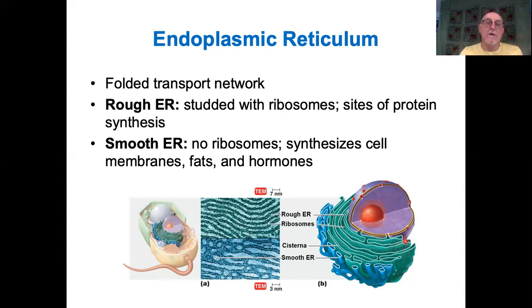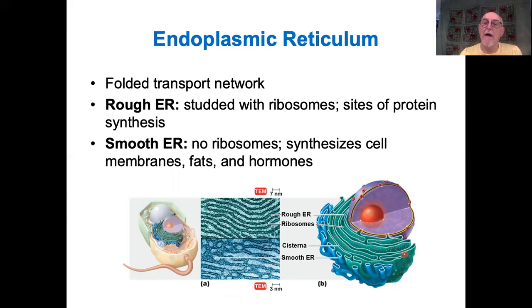And there are two kinds of endoplasmic reticulum. The first kind is often the most extensive. And here it is, it's called rough endoplasmic reticulum, or RER. The reason for that is that there are ribosomes stuck to the membrane on the outside.